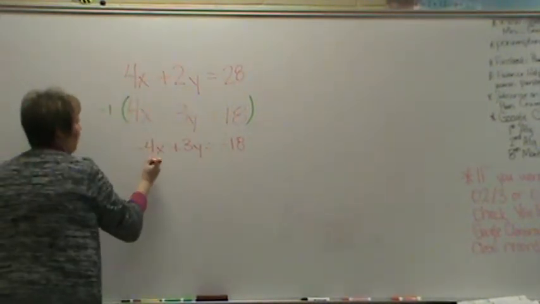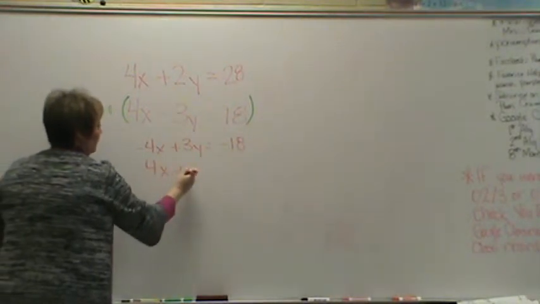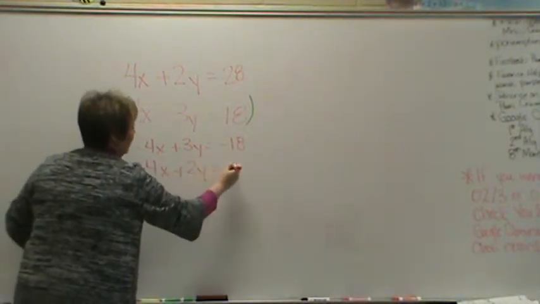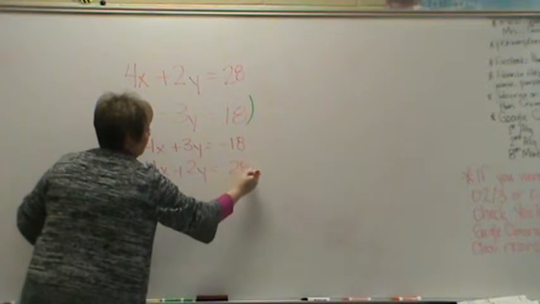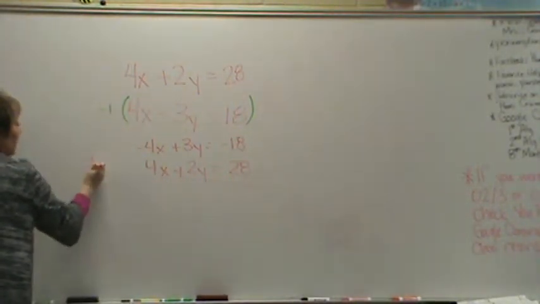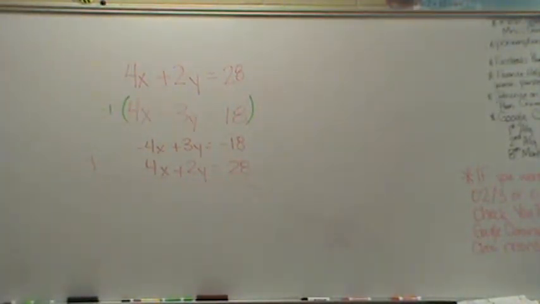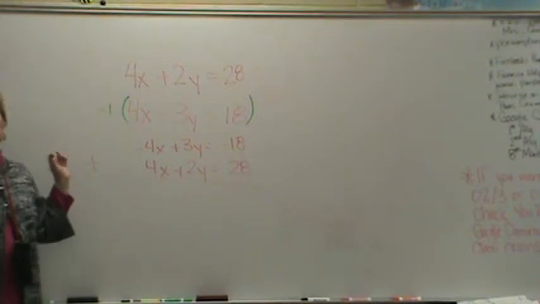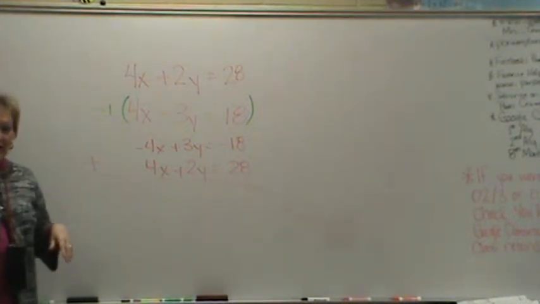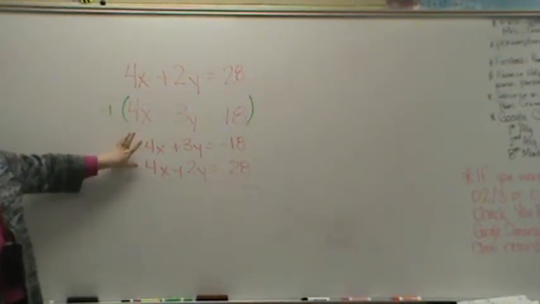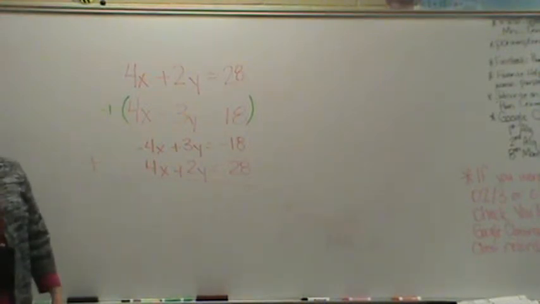I'm going to bring this top equation down, not doing anything to it except transferring it. Now I'm going to add these two equations together. Will you always add the equations together, or sometimes subtract? We're going to add the equations together after we get a pair of exact opposites in there.